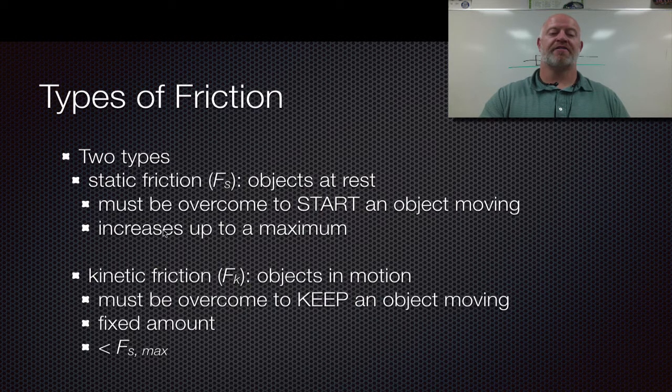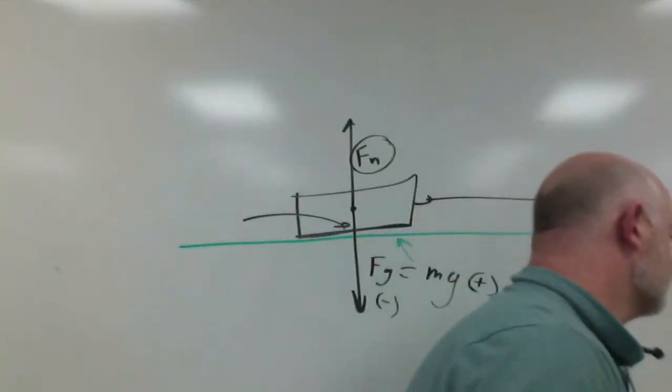Now, static friction, as you push on something, is always relative to how much force you put in. So if I put 10 newtons of force into an object, let's go to the board here.